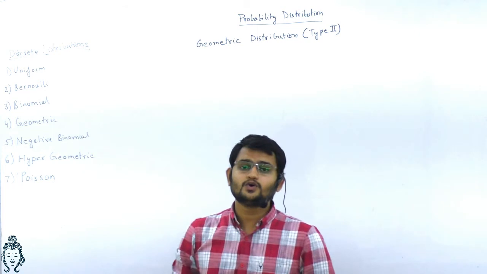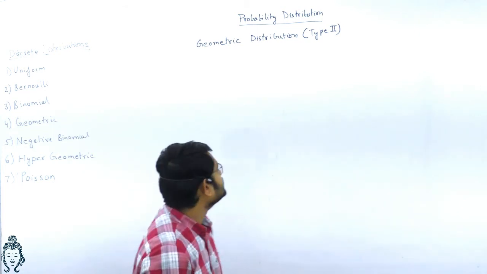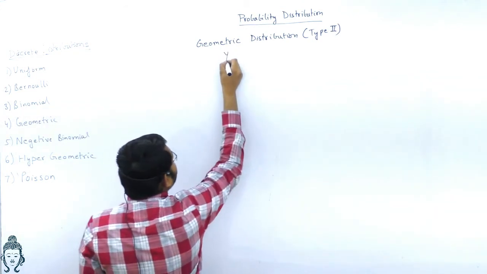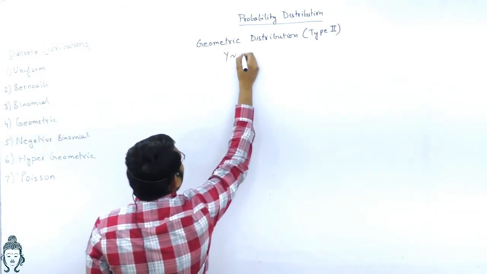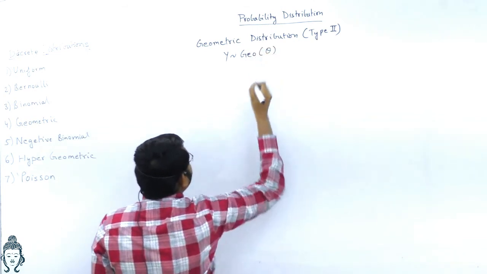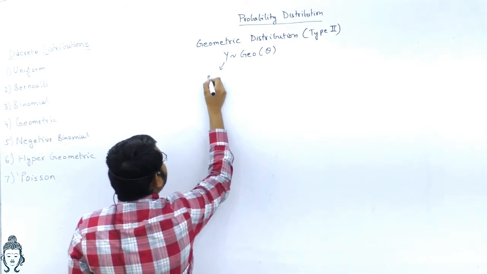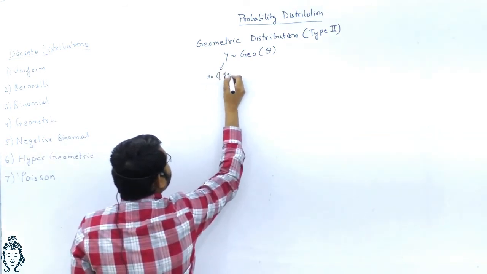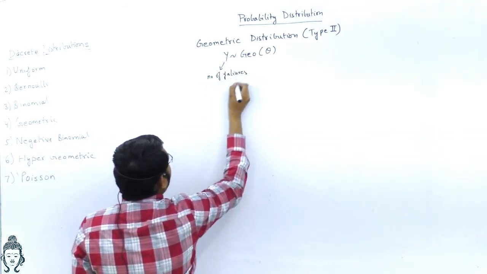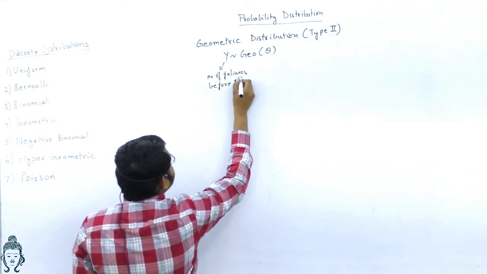Now let's talk about geometric distribution type 2. In type 2, we write, let's say we have a variable y that follows a geometric distribution with theta. Here y is nothing but the number of failures before the first success.